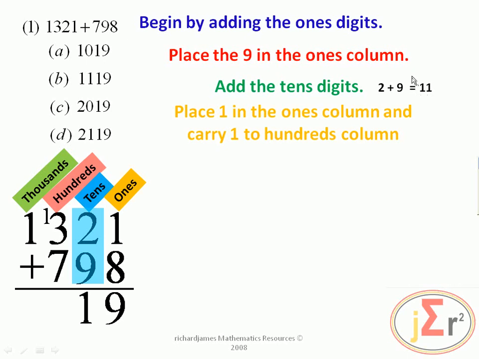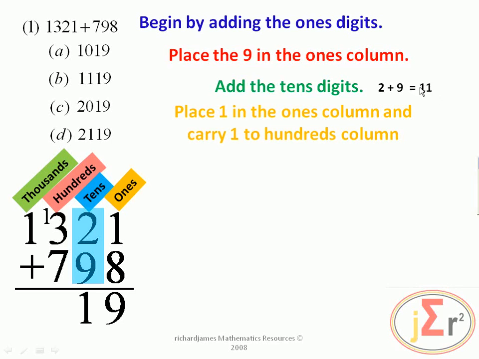Now, although this is a ones digit and this is a tens digit, because the digits are actually in the tens column, this one here will be a tens digit, and this one will be a hundreds digit.